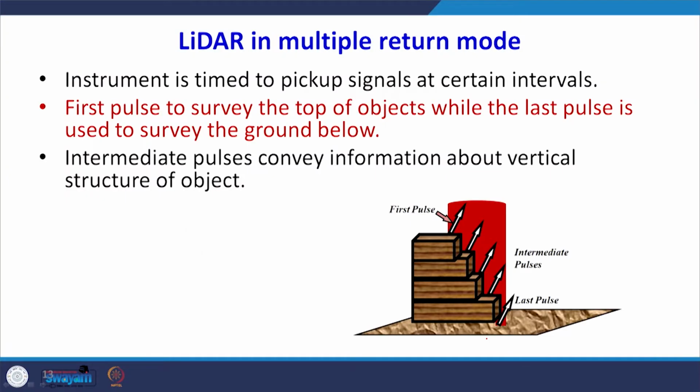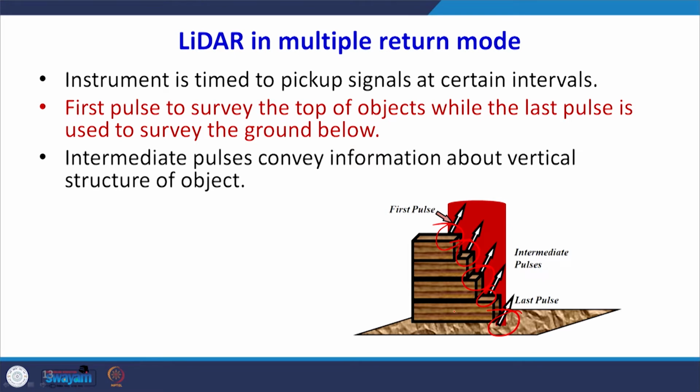Now what is the advantage of this LiDAR data when you are working in an air platform? Because it is sending several pulses. These several pulses are giving me data of different height points, the different objects situated at different heights. So let us take the case of a staircase kind of object, where the first pulse is striking the top, the second one the next level, and this one the bottom level.